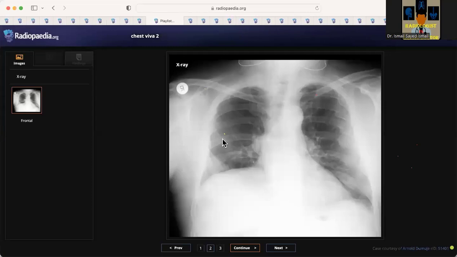Okay, so lung causes would be more of a lobectomy. If the patient had previous surgery and had a lobe removed, that would be one of the causes. It could be pulmonary fibrosis, causing the hemidiaphragm to be much smaller. So that would be the lung causes.